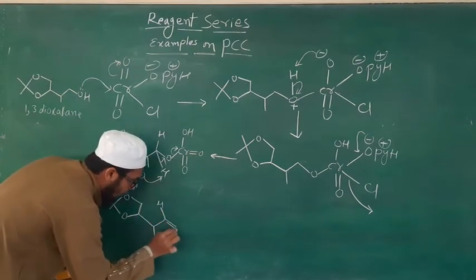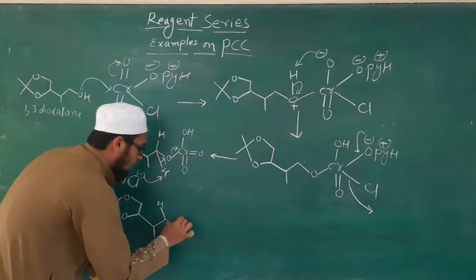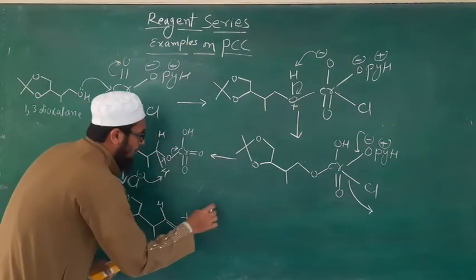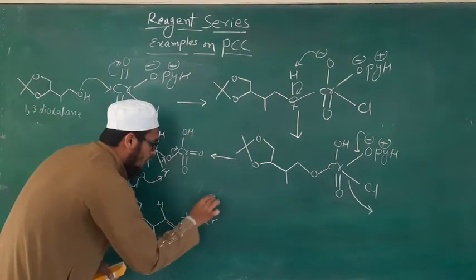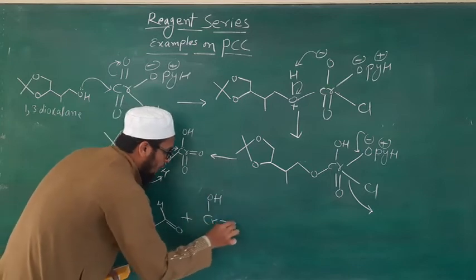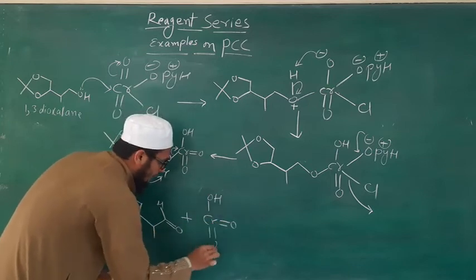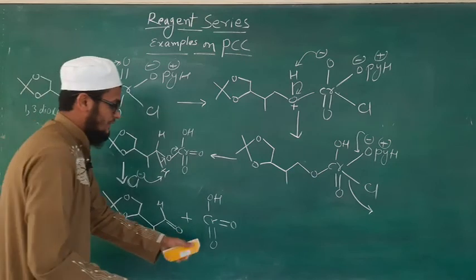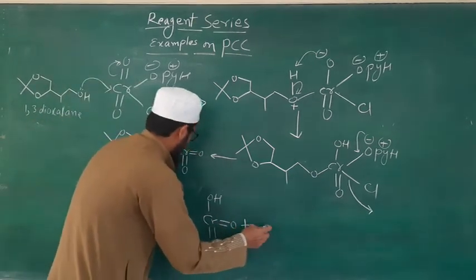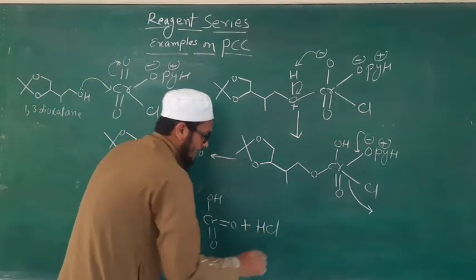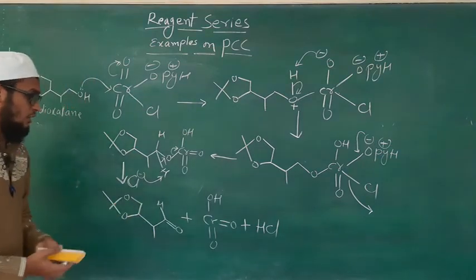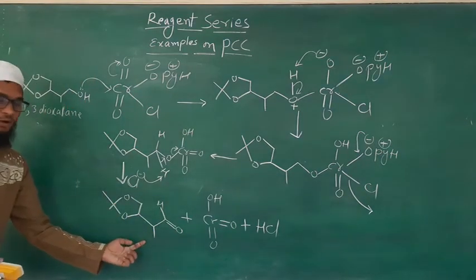We have a double bond here. Okay. Now what remains? We have chromium, oxygen, double bond. This one is a double bond. It may convert into a single bond, or it will be as it is. It will get the structure HCl. The remaining one is HCl. So this is our main view of the picture.